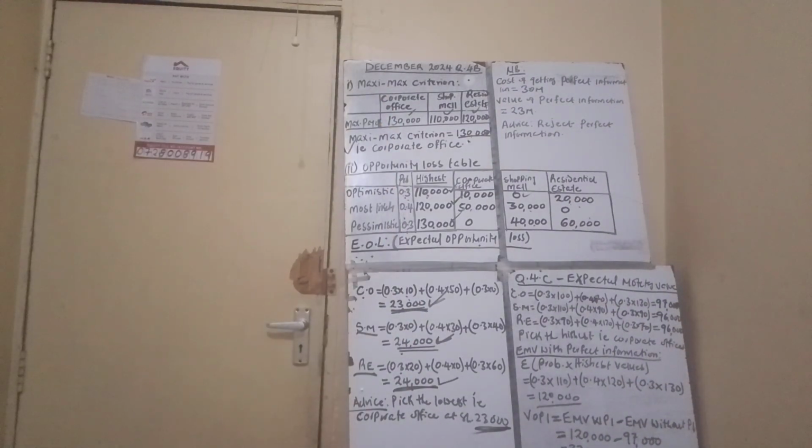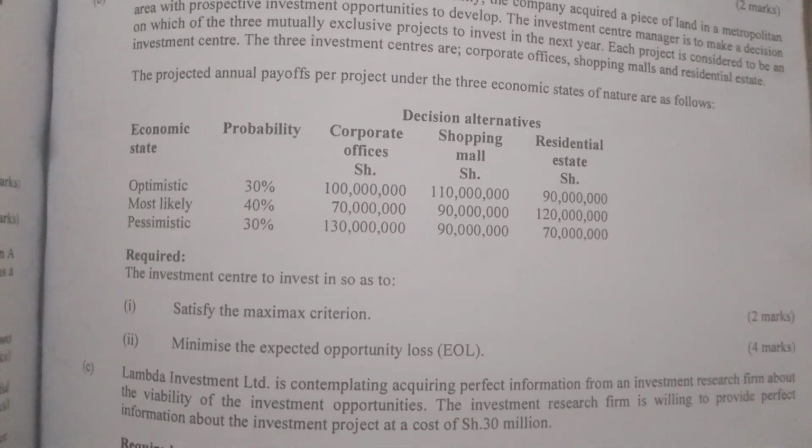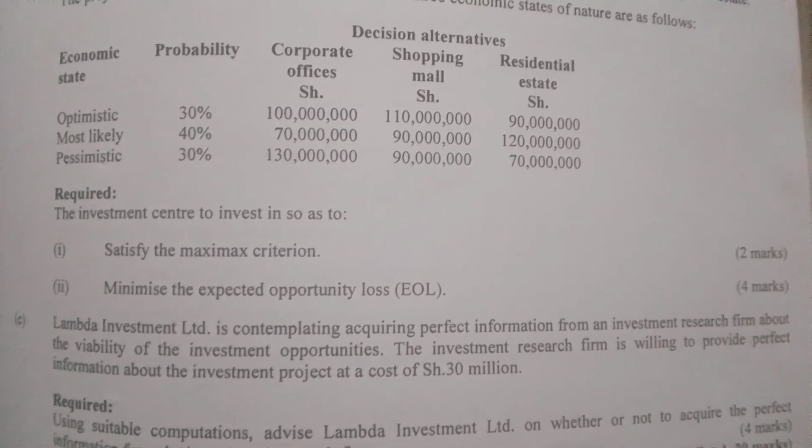Let me see whether it is legible. It's legible, so you are able to see what we are doing. We're just using the first table as given. The table as it appears there, you're just picking probability times what?